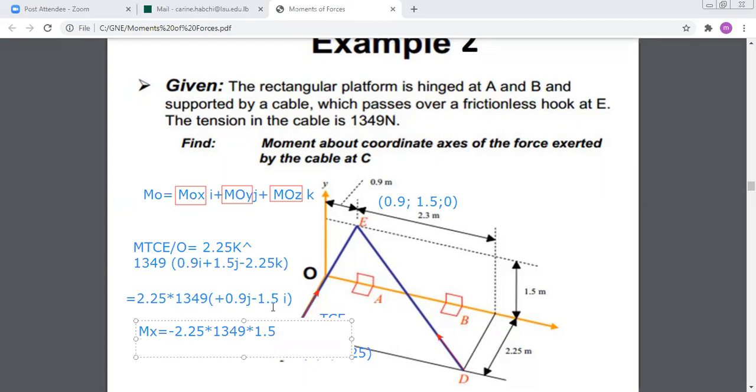My moment along Y is the component along J. It's positive. It's 2.25 times 1349 times 0.9. And along Z, my moment is 0. Can you expect that the moment about Z is 0? Why is it 0? It is already expected. Who will tell me why?